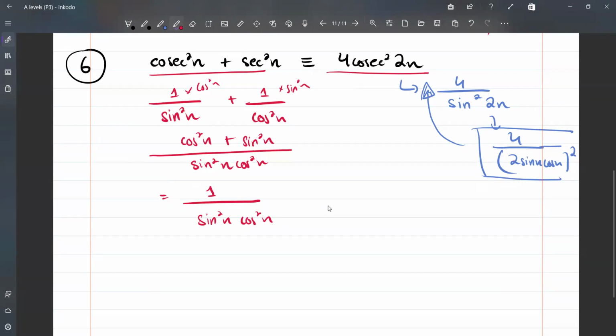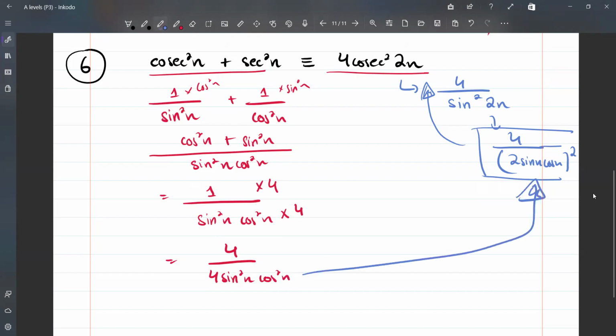So what we can do now is, if we multiply the numerator by 4 and obviously the denominator as well, we get 4 upon 4 sine square x cos square x, which guys notice is the same thing as this. All right.